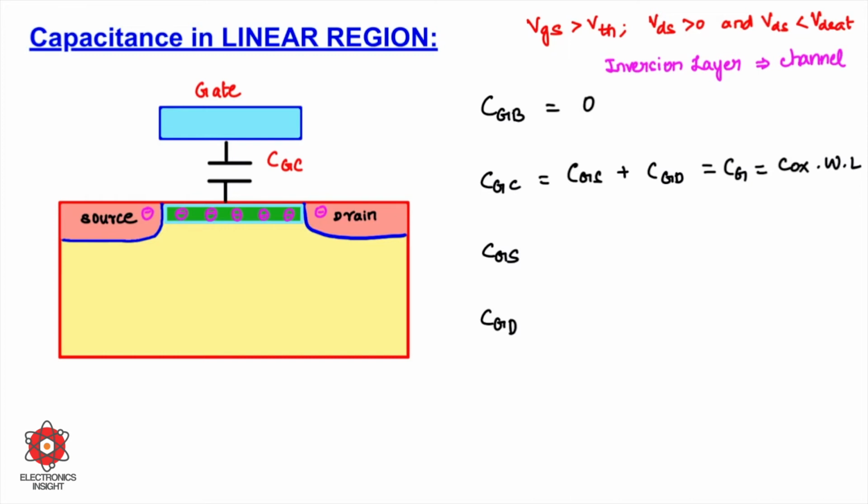Therefore CGS is going to be 1 by 2, exactly half of gate to channel capacitance, Cox into WL, and similarly gate to drain is also going to be half of Cox into WL, because exactly at the halfway point we have the influence of source and the influence of drain. So each we are going to consider as 1 by 2 Cox WL.